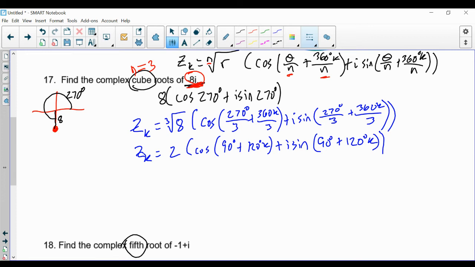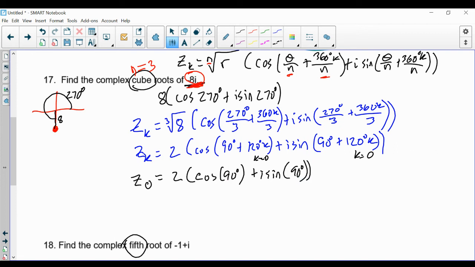All right, so at this point, we've done De Moivre's theorem. We now just need to choose our k's. And again, choose k equals 0 for your first one, because making k equal to 0 makes this easier, right? That means we get 2 times cosine of 90 plus i sine of 90, and you're done.